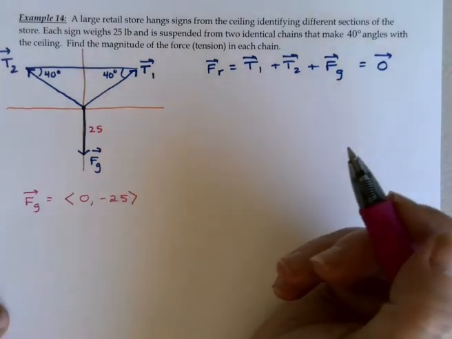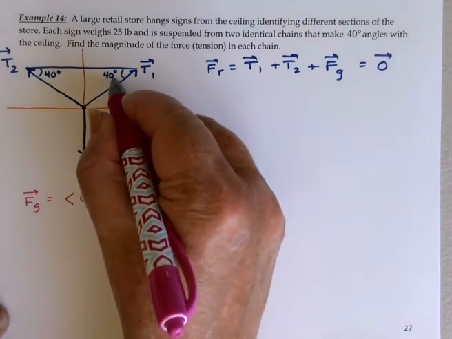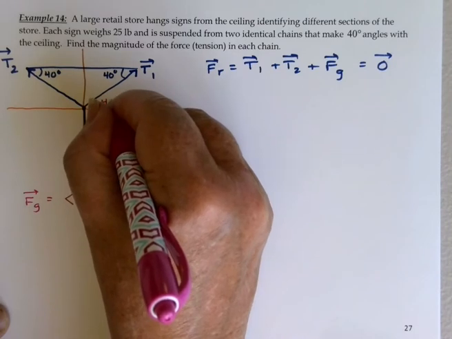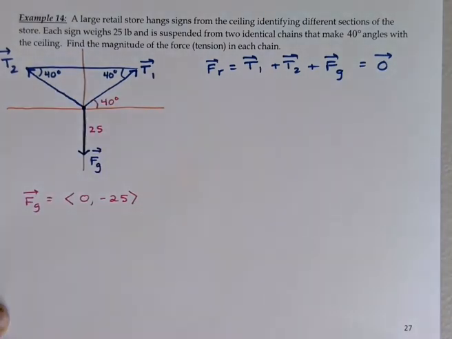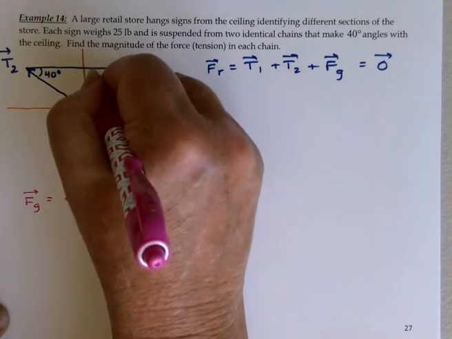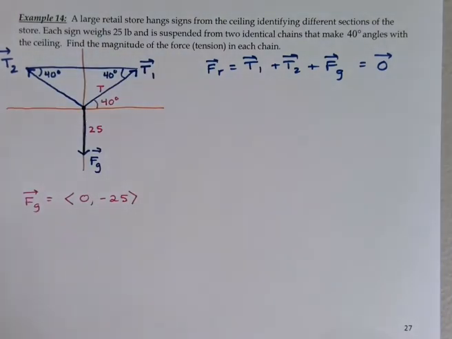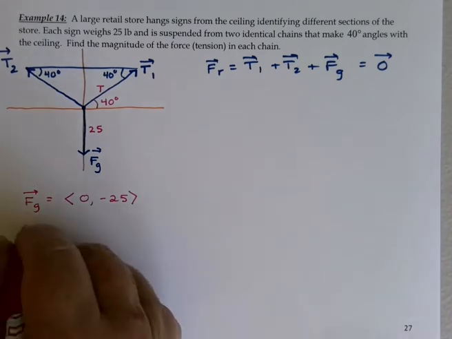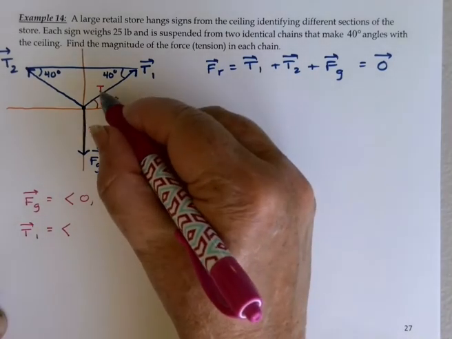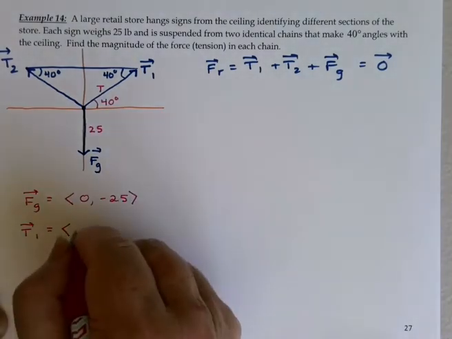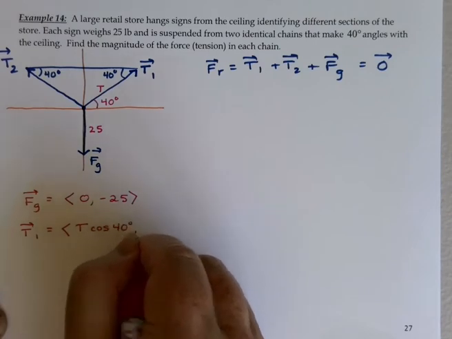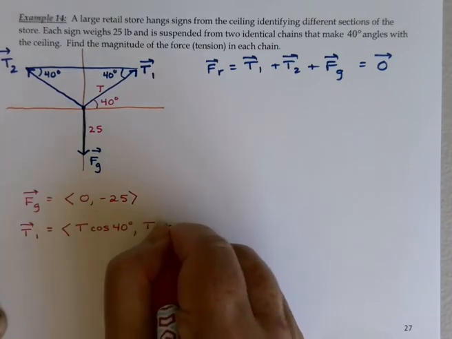By the alternate interior angle theorem, if that's a 40-degree angle, this is also a 40-degree angle. And I also don't know the magnitude of that vector, so let me just call it capital T for now. And I'm going to say that T1 is therefore T cos 40 degrees and T sine 40 degrees.